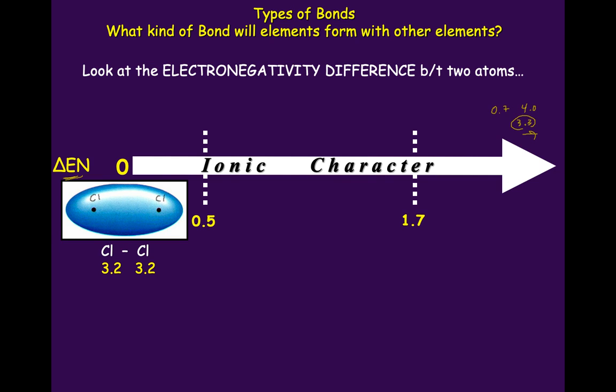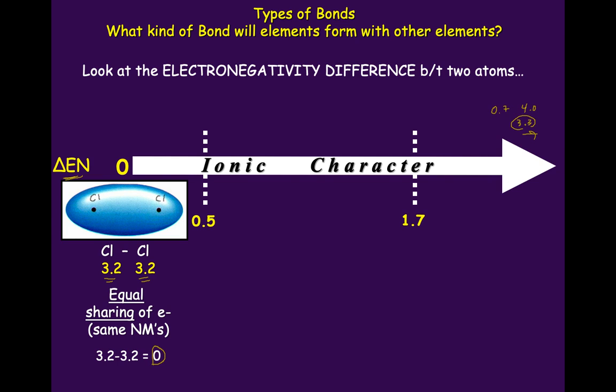So they'll be pulling on the electron cloud of the other element very evenly. If you take 3.2 electronegativity and 3.2, because each element is pulling evenly on each other's valence electrons, you are going to have an equal sharing of electrons. The electronegativity difference would be 3.2 minus 3.2, which is 0.